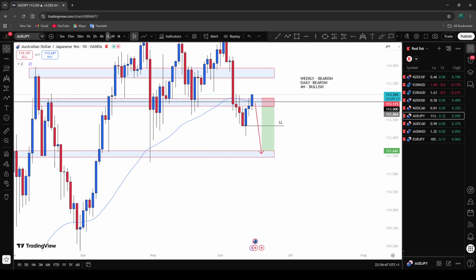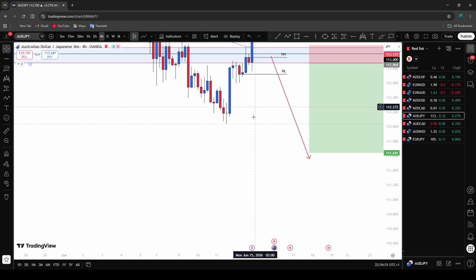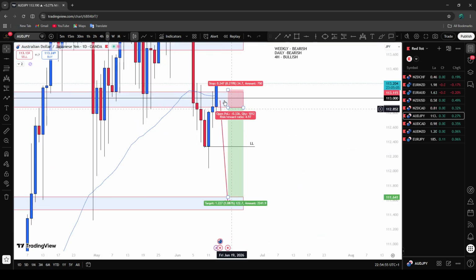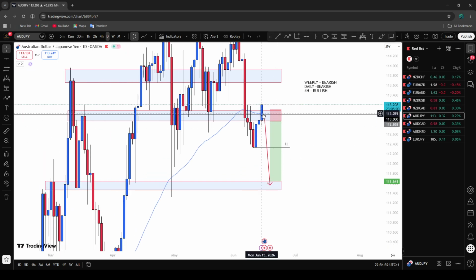And the 4-hour time frame is bullish, and I don't need this time frame to be bearish. So I just need a clean rejection on the daily time frame before I look for entry on the lower time frame to take the trade down.